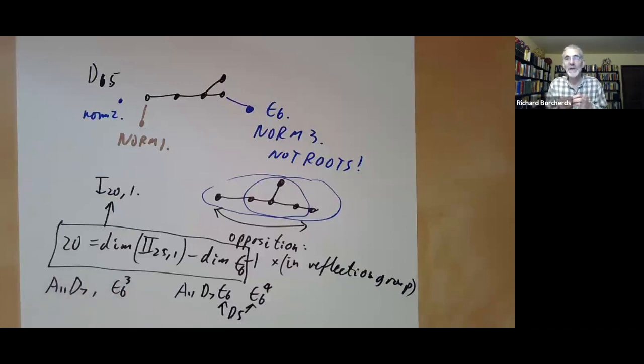So Vinberg's explanation really turns out to be the same as Conway and Sloane's explanation. They're slightly disguised forms of the same fact, both caused by a certain embedding of D5 inside E6.